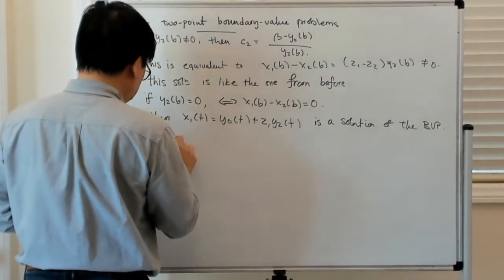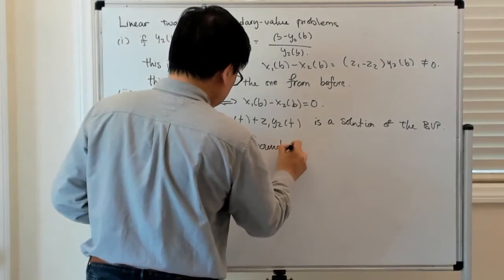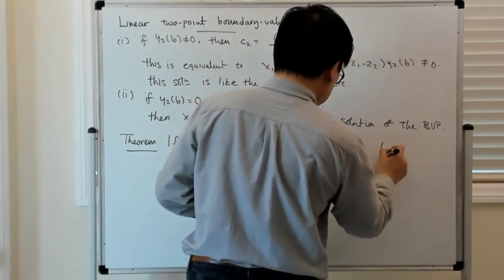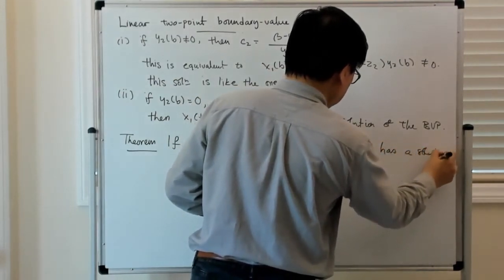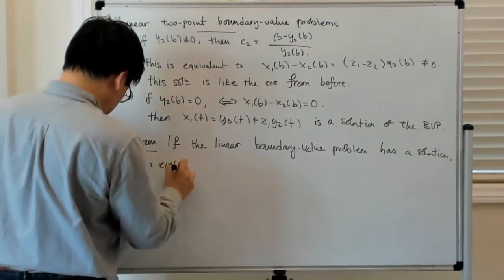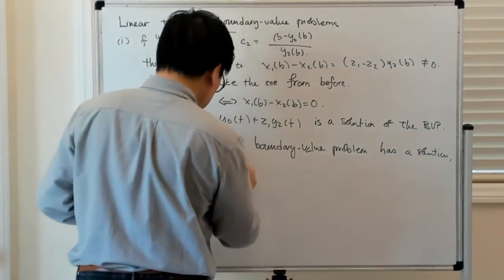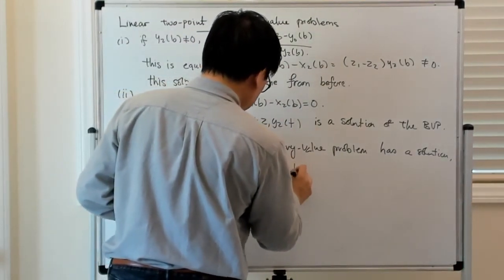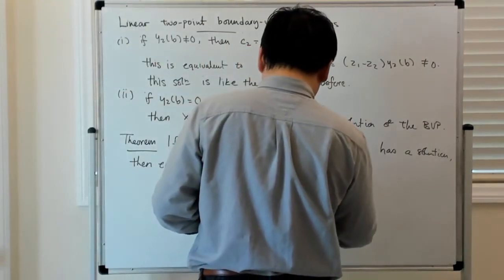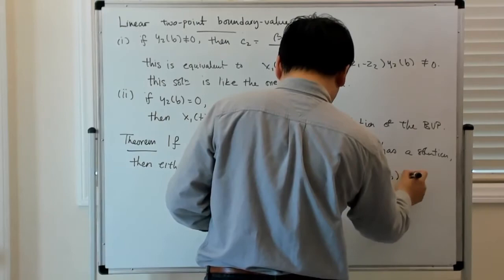If the linear boundary value problem has a solution, then either x1 itself is a solution, or x1 of b minus x2 of b is non-zero.